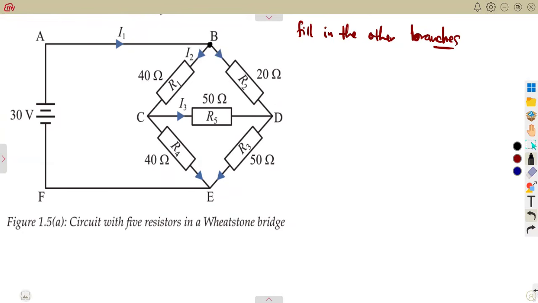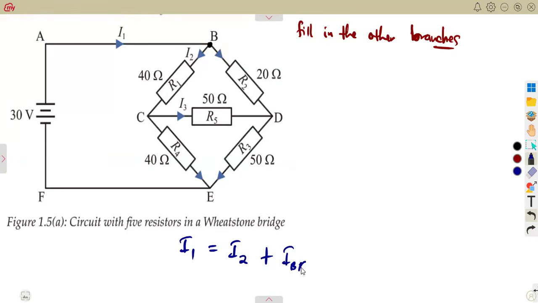Okay, at this point B, what is happening? I1 is entering, I2 is leaving, and this current across this branch BD is leaving. Remember that the sum of currents entering, which is I1, must be equal to the sum of currents that are leaving, which is this I2, and the current across the branch of BD that we do not know in that case.